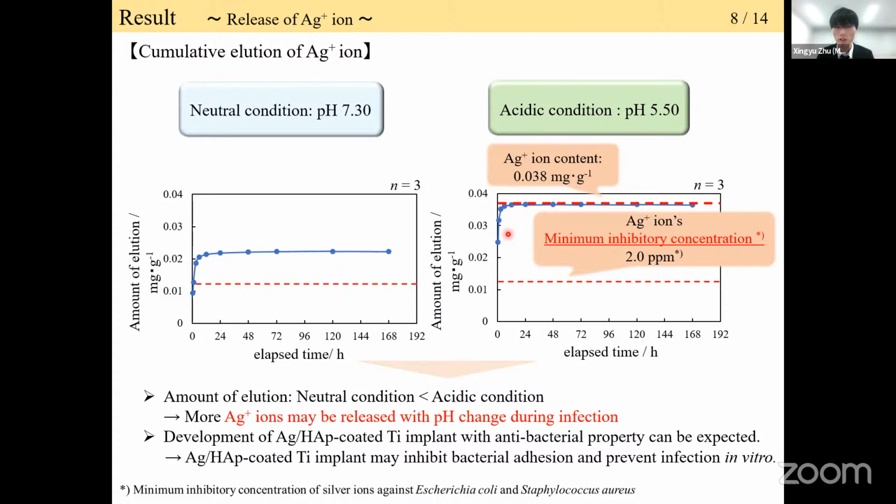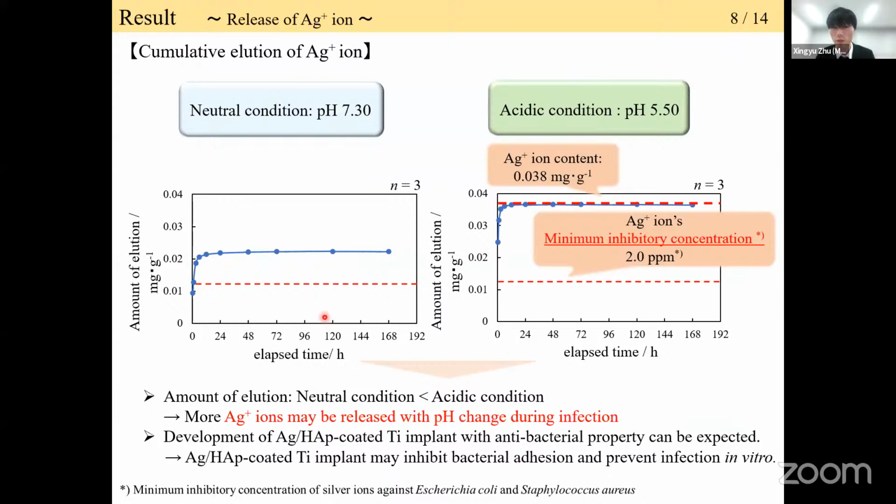So it could be future work, such as adding other metal ions into the samples. But at the current stage, the only way to control the silver ions so they do not all release from the samples is the pH change that I showed here.